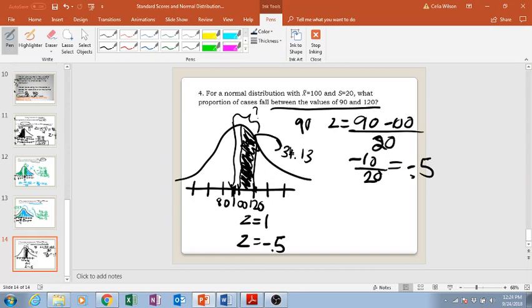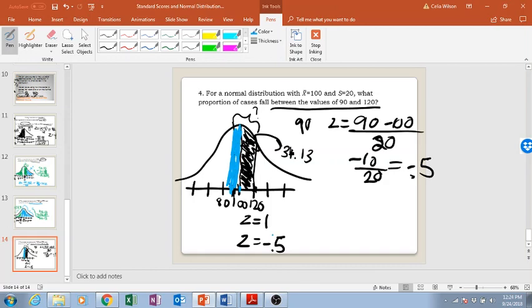Let's do the same thing for this little area over here. I'll change my color. This little area right here is what we need. We need the area between this z and the mean. So just pretend like, poor people having to deal with my awful drawings.